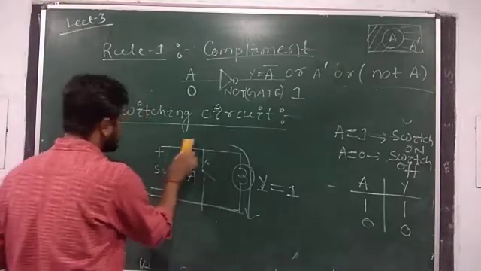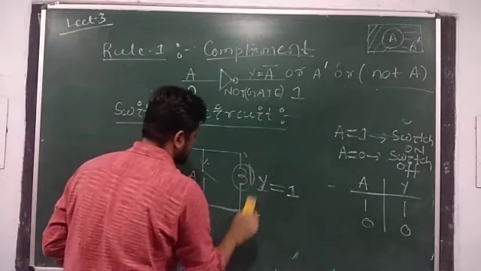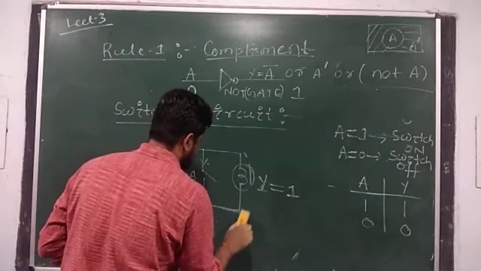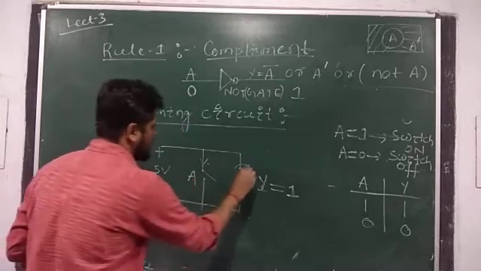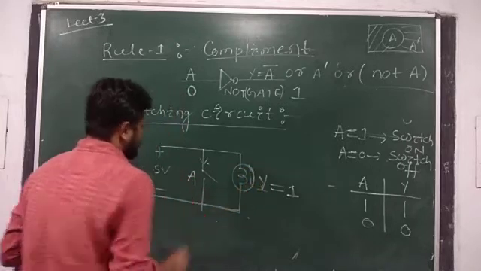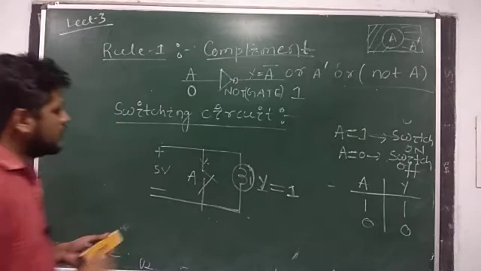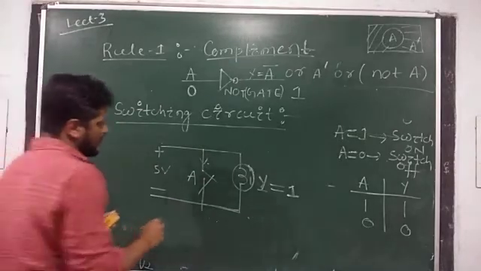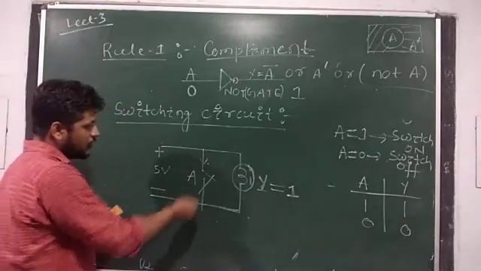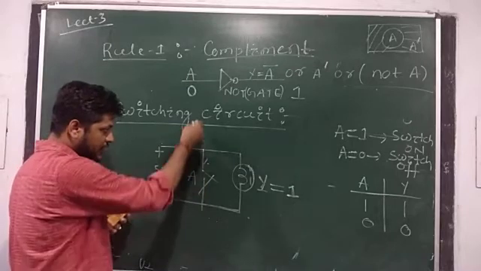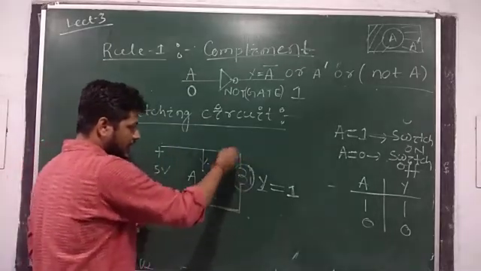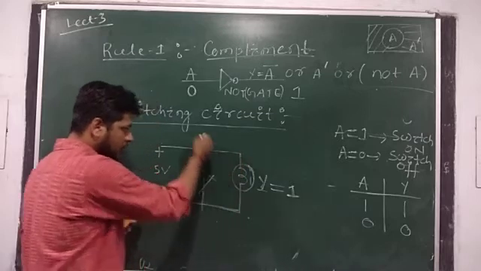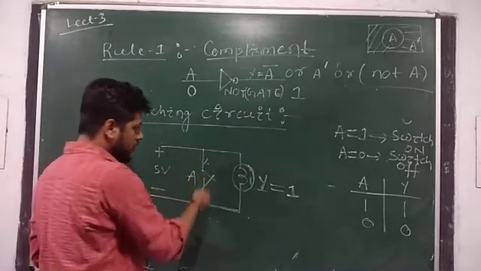Then the second case, when I close the switch, what will happen? Here the switch is closed, and this represents a short circuit path. Obviously this is a bulb, each practical device having some certain resistance, but here this is the short circuit path.